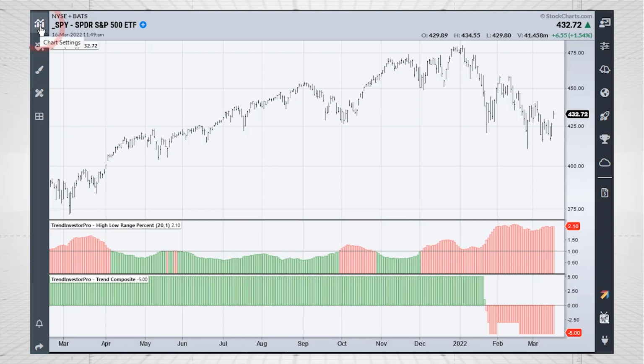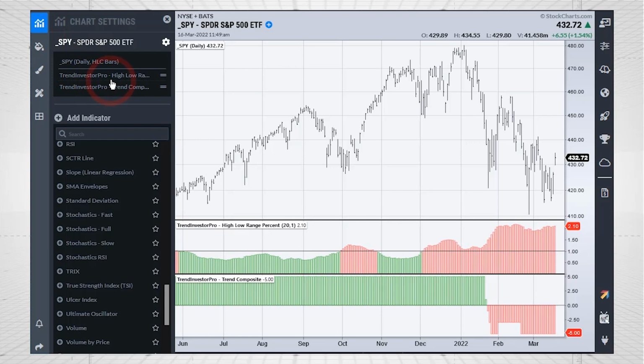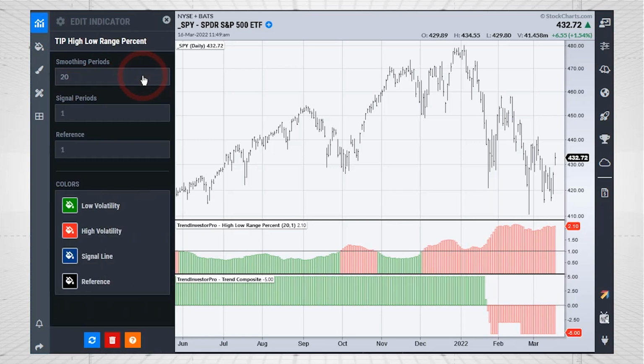If I go over to the upper left on the chart settings, there you can see high-low range percent. And what I'm doing is it's just a 20-period average of the high-low range as a percentage of the high-low range. And you can put a moving average on that. So if I change signal periods to 10, you can see there's a moving average. So you can see when that range is expanding, volatility is expanding, it's rising, and then declining, and then expanding.